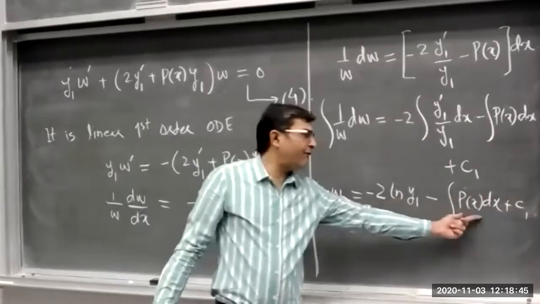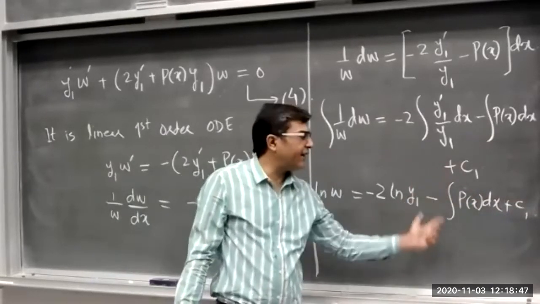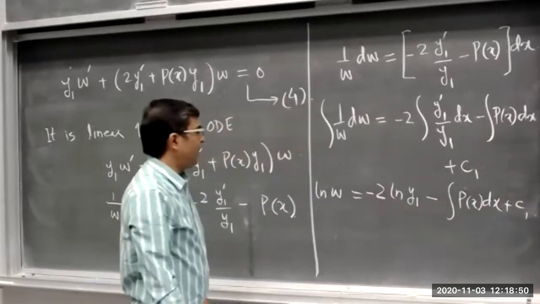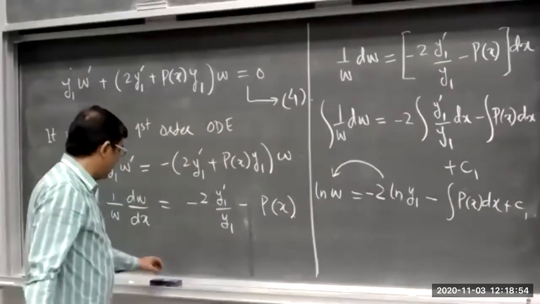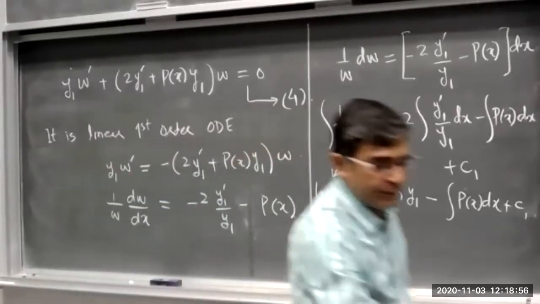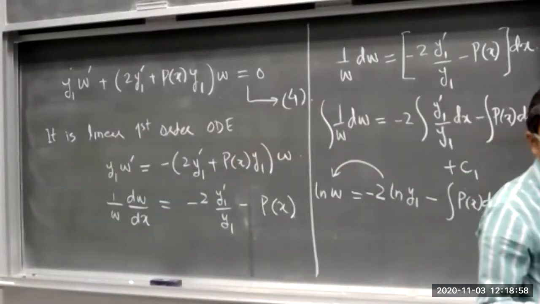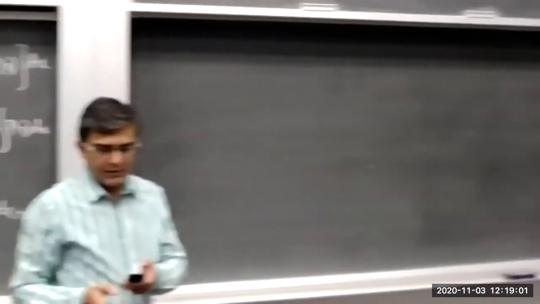So p of x is known. We can integrate this term as well. Now we can take this term on the other side, and let me use the next board.